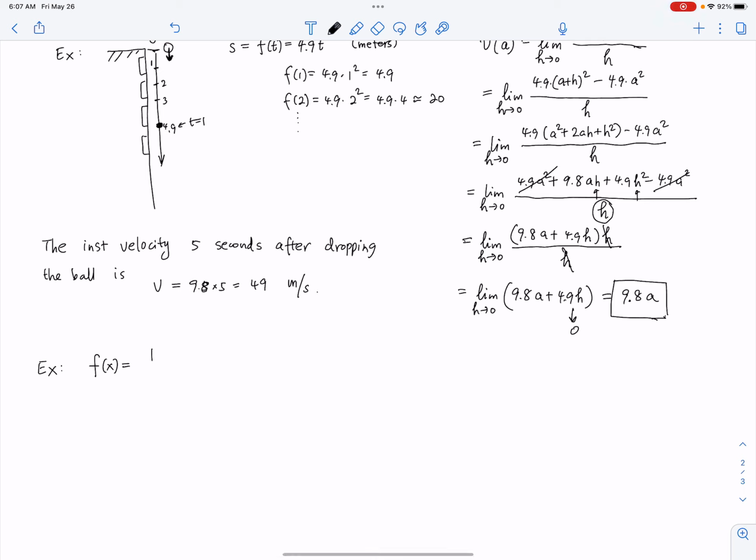So the function is 1 over square root x. All right. So this is a function, and I want to calculate the derivative of the function, or the slope of the curve. Okay, how steep the curve is at a equals, say, 1.